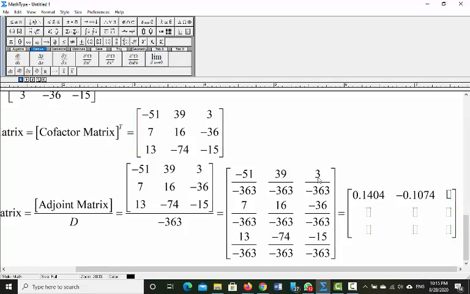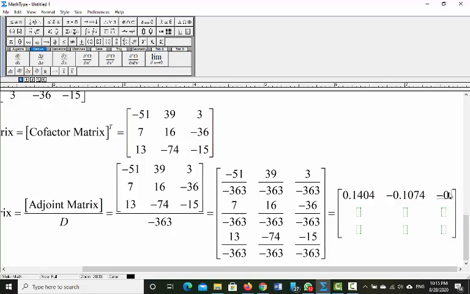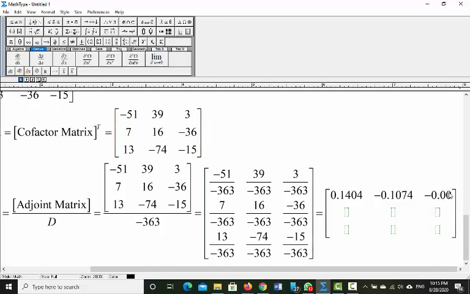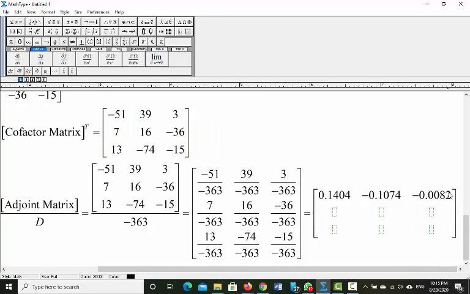We got the answer in power, so we will press shift ENG and again shift ENG and then we will get the answer. So minus 0.0082. Right.